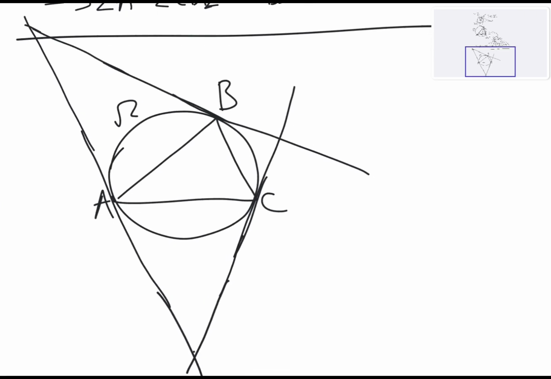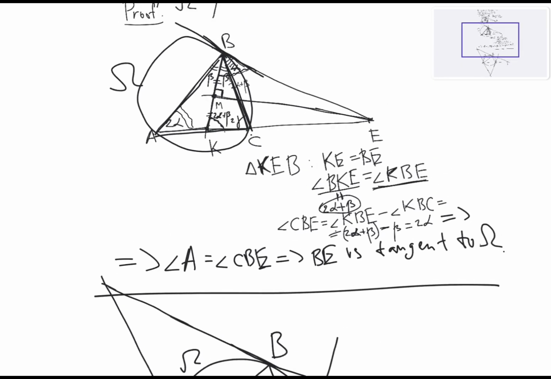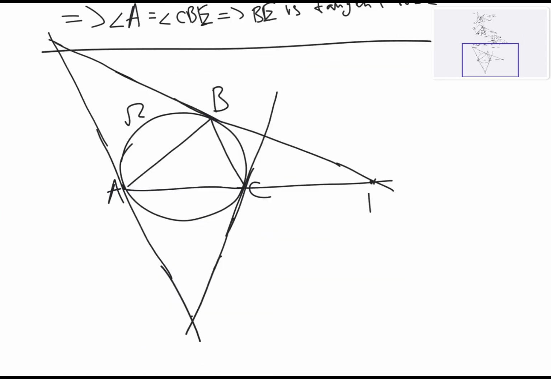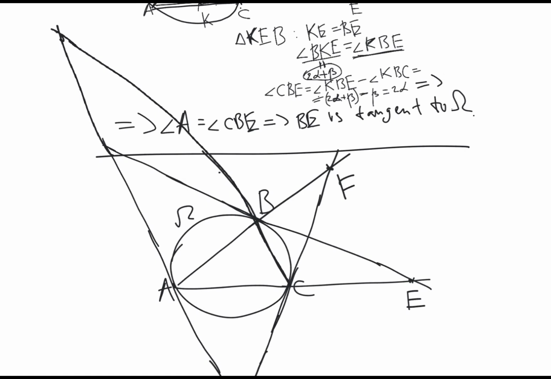So this is point E. This is point F, and somewhere here, there is no place on this picture, is point D.